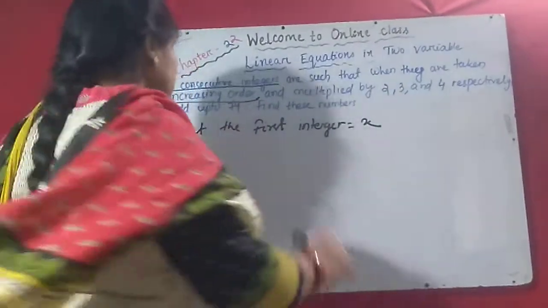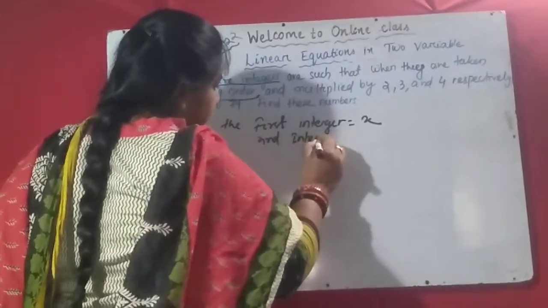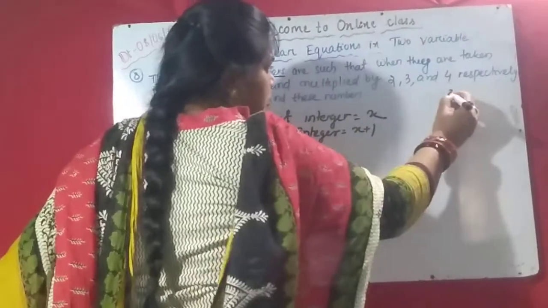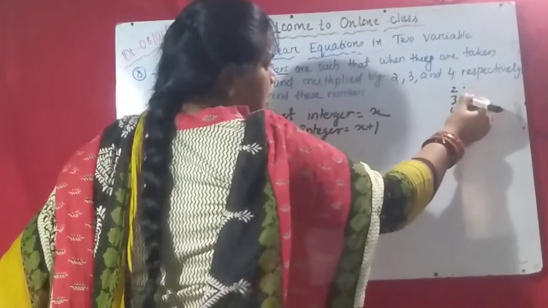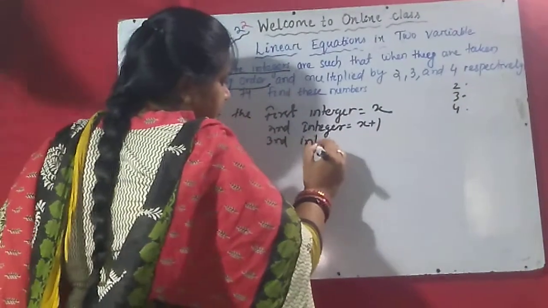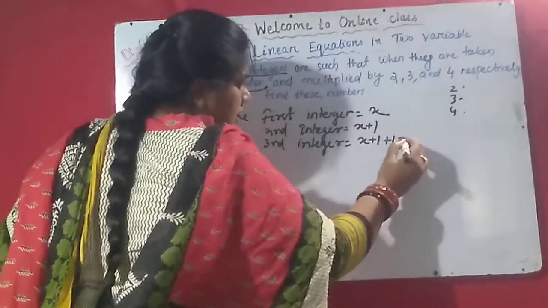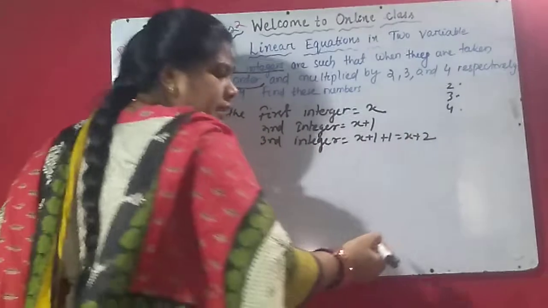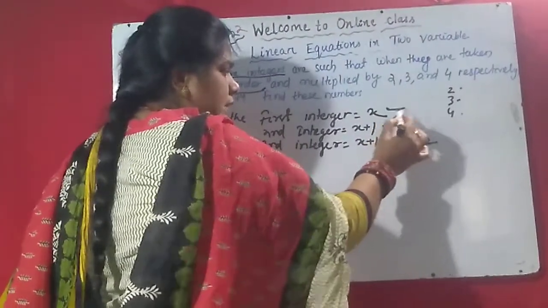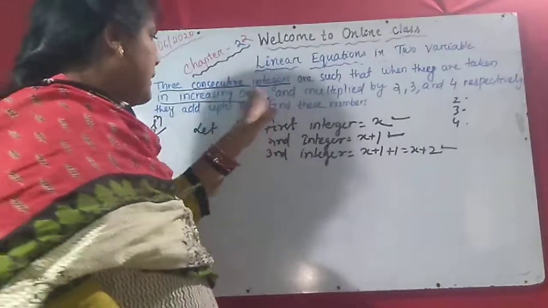The second integer is x plus 1. Suppose 2, 3, 4: 2 plus 1, 3 plus 1, like this. Then the third integer is x plus 1 plus 1, that is x plus 2. So the 3 integers in increasing order are x, x plus 1, x plus 2.